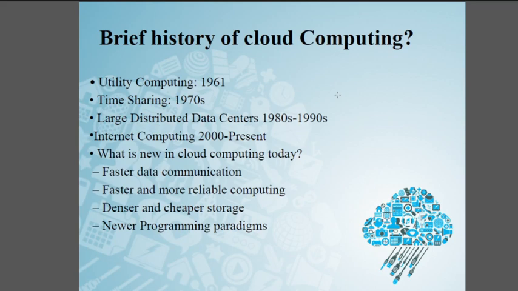Then time sharing came in the 1970s. After that, it worked in large distributed data centers in the 1980s to 1990s. From 2000 up to the present, internet computing has come into existence.